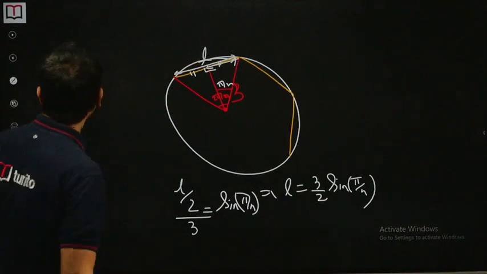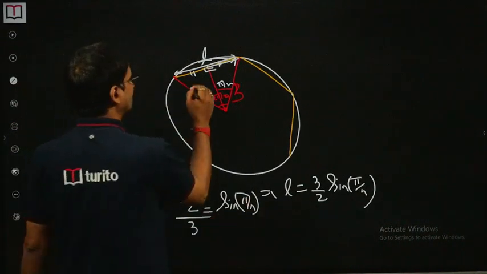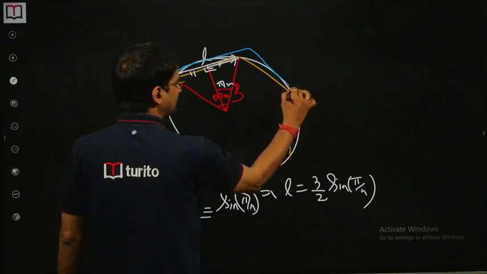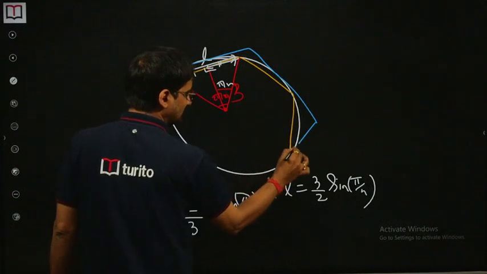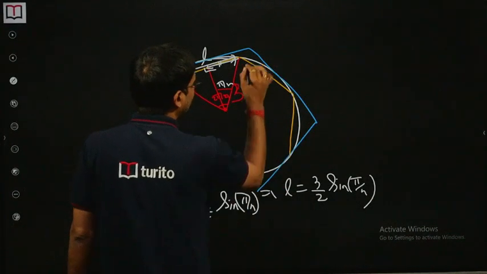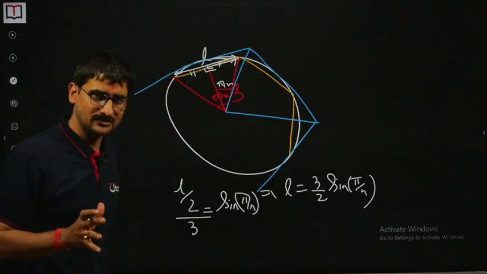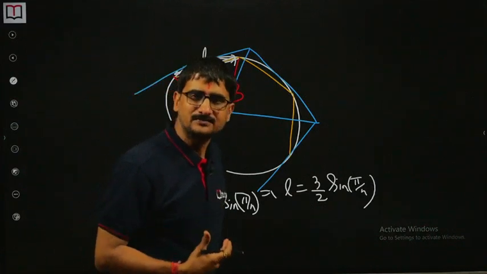Now for the outer polygon that circumscribes it, the regular polygon, if we go with the same logic, every side will subtend the same angle.